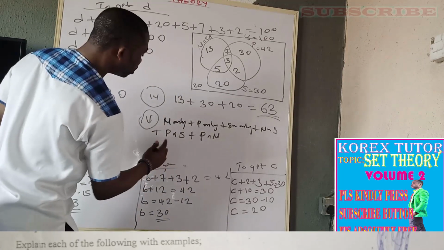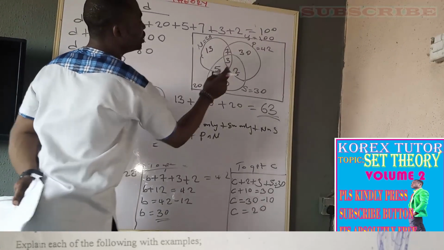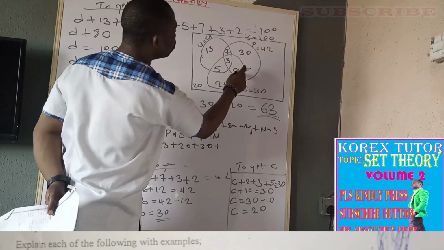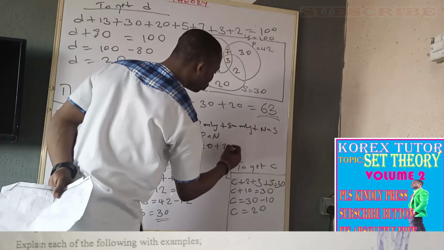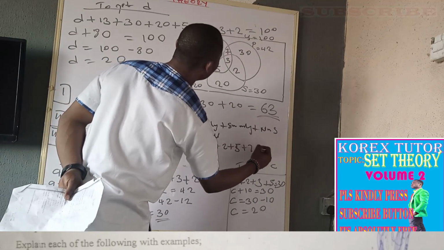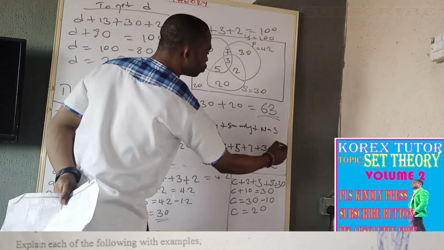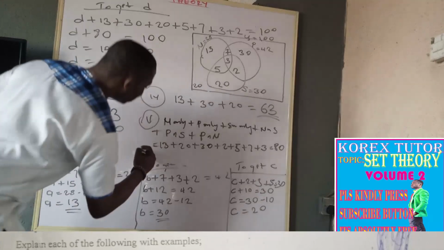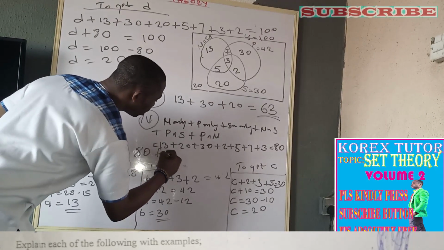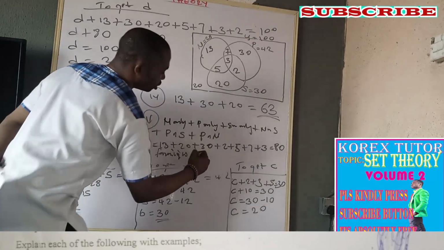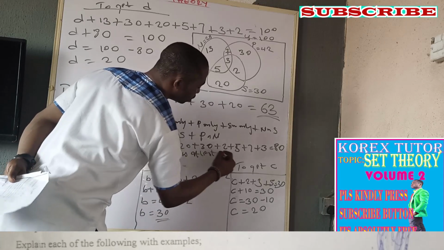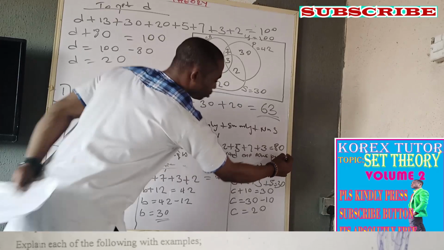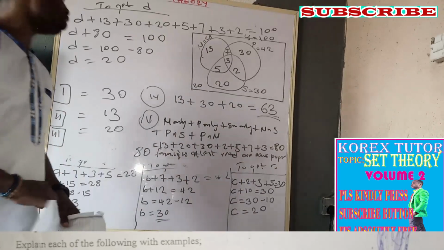Which simply means 13 plus 30 plus 20 plus 2 plus 5 plus 7 plus 3, which everything is equal to 80. Which simply means that 80 families at least read one newspaper.